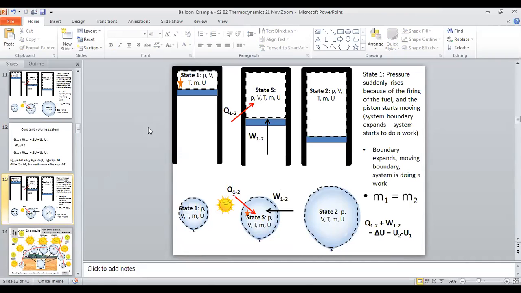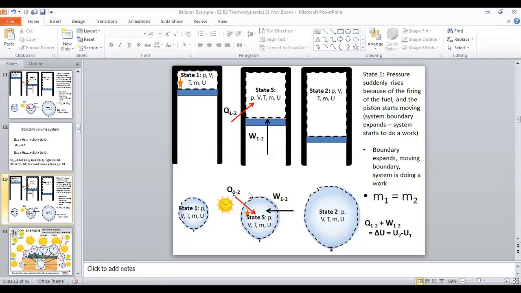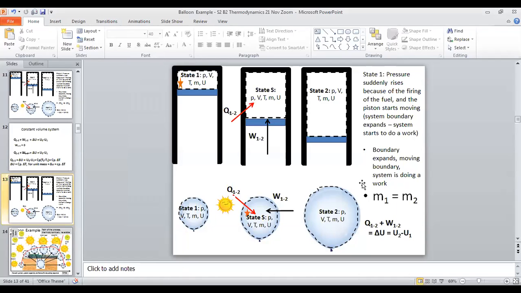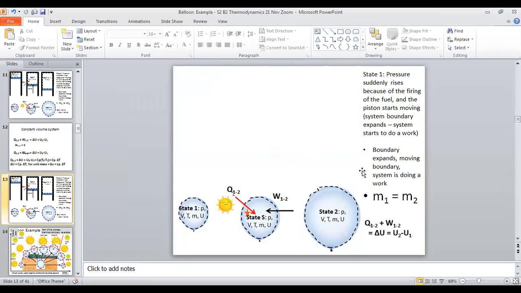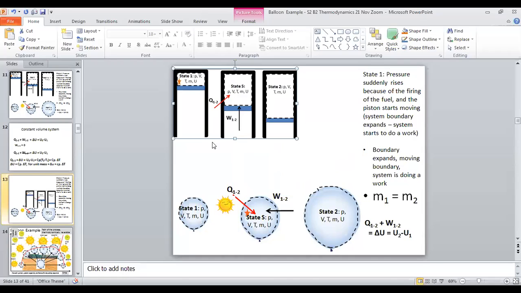I need to look for some space here. So what shall I do is take this way.